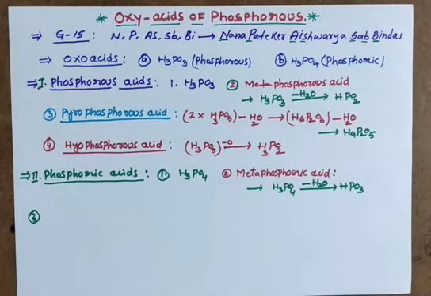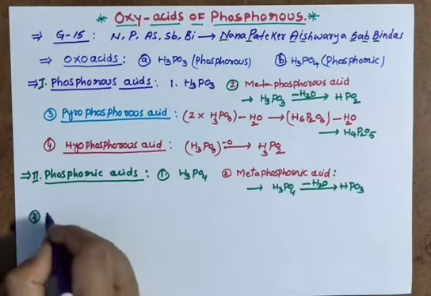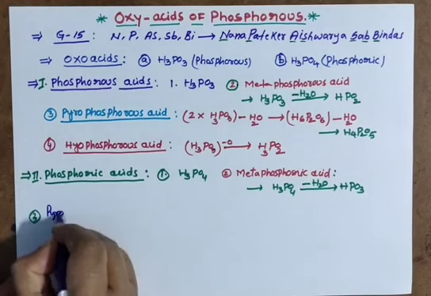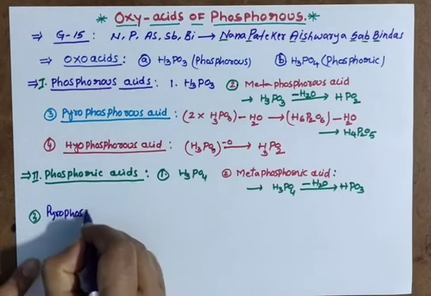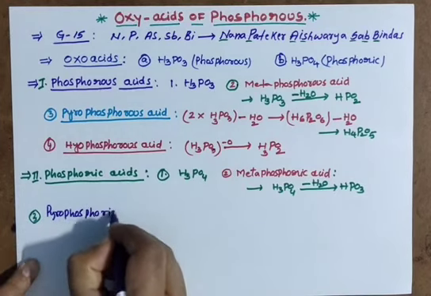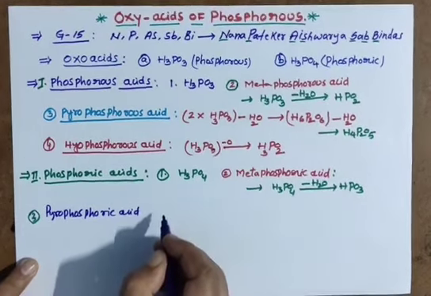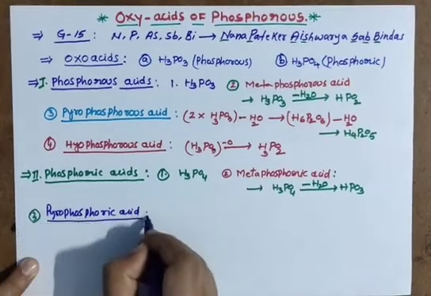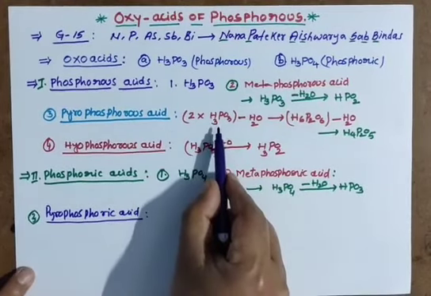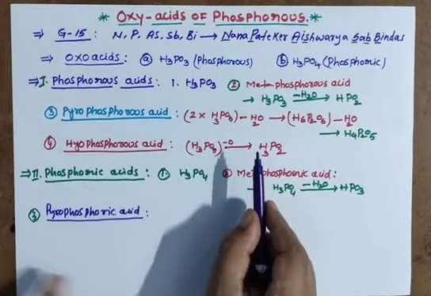And next, pyrophosphoric acid. So in pyro what did we do? We multiplied the basic unit by 2 and removed a water molecule.